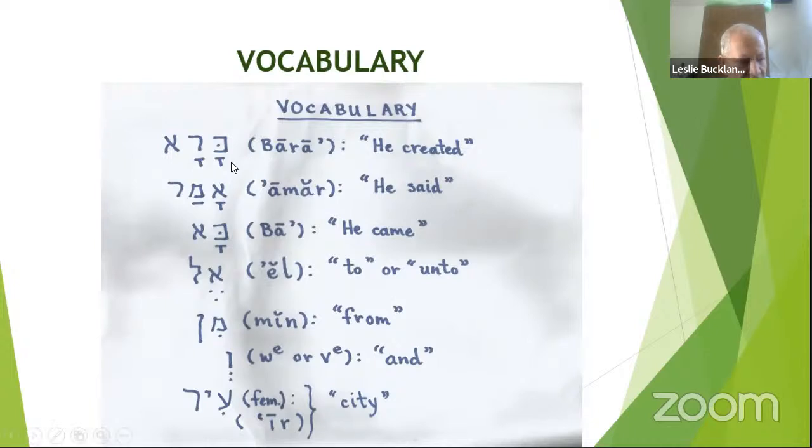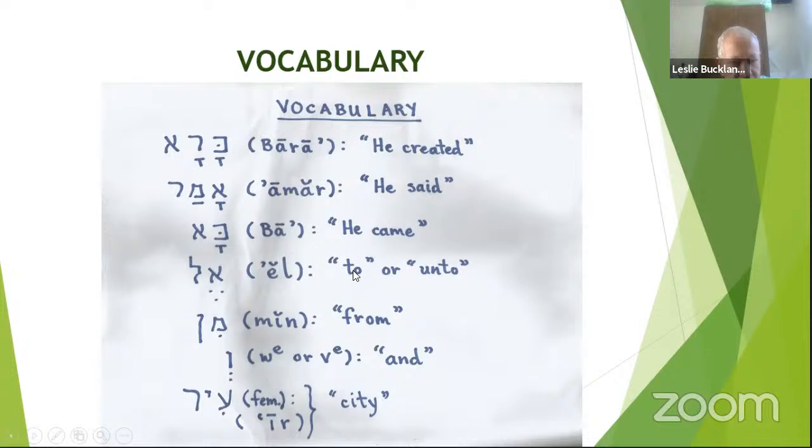We're going to be learning some words. And here we look at bara. This is the Hebrew and this is the English letters. Bara means he created. Amar means he said. Ba, he came.